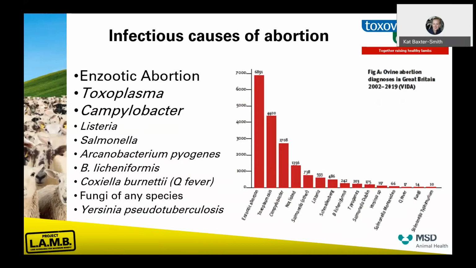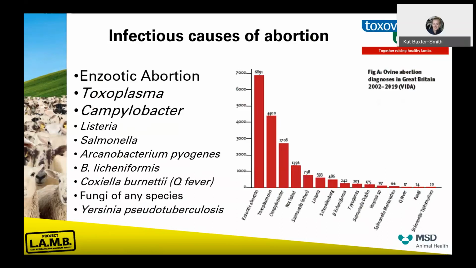Because of its dramatic onset, where the ewes appear to be fine and then suddenly about 3 weeks before lambing you get these dramatic abortion storms, farmers are more likely to send in samples, or to have samples to send in to the lab. So I think this may be overrepresented compared to the other causes.